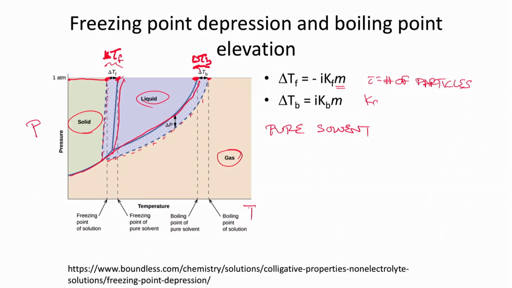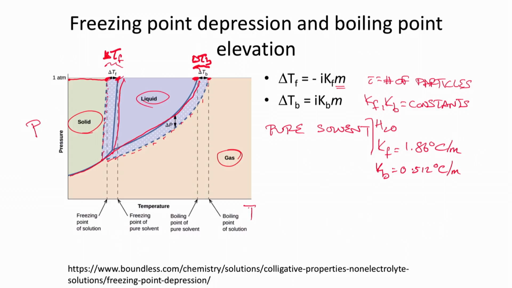KF and KB are constants, which will be provided for you. They're numbers, but just to give you an example, for water, KF is about 1.86 degrees Celsius per molal, and KB is about 0.512 degrees Celsius per molal.